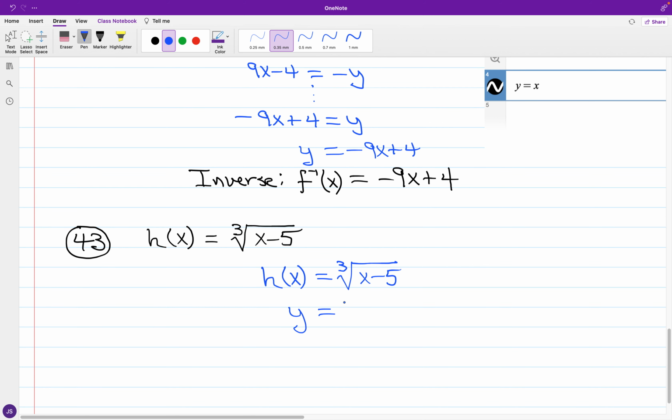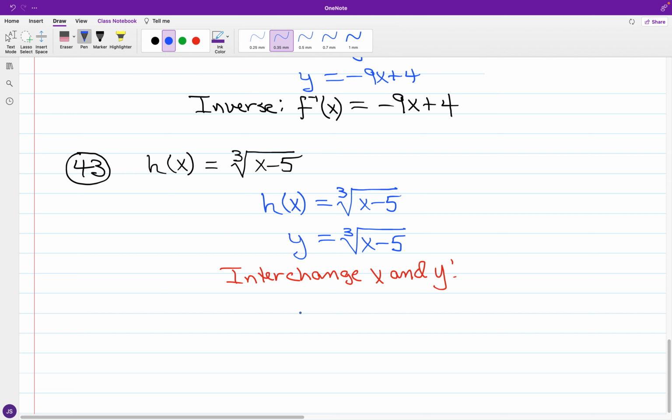So you've got y is equal to the cubic root of x minus 5, and looking at interchanging x and y, we have that x is equal to the cubic root of y minus 5.